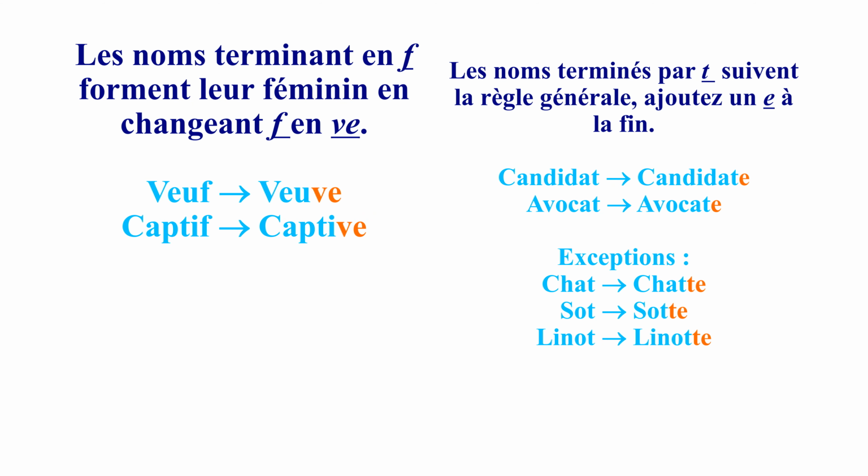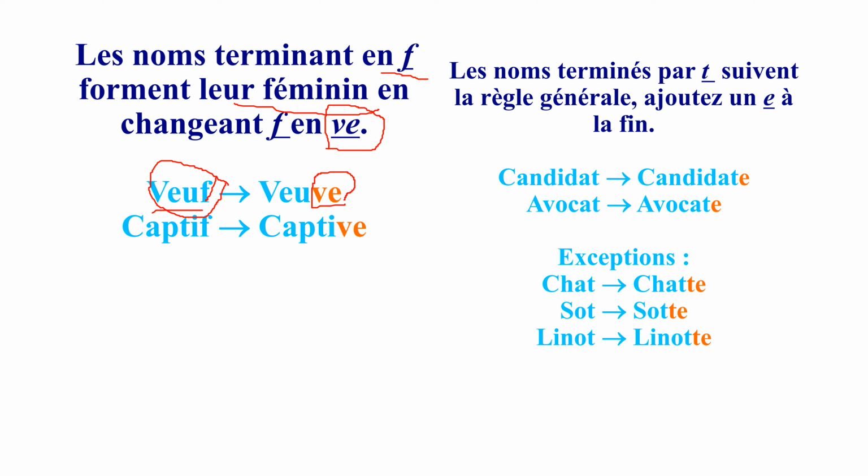Okay? Up next, names ending in F: you change it into VE and you have your feminine. Veuf becomes veuve. You drop the F and you add the VE. Now, what is a veuve? It is a woman who has lost her husband.